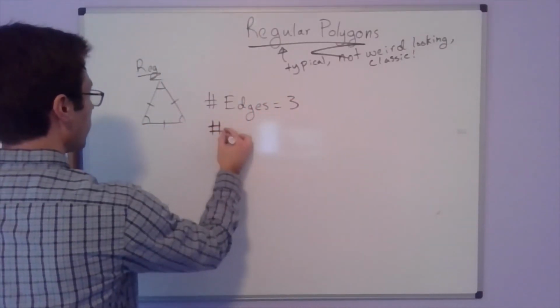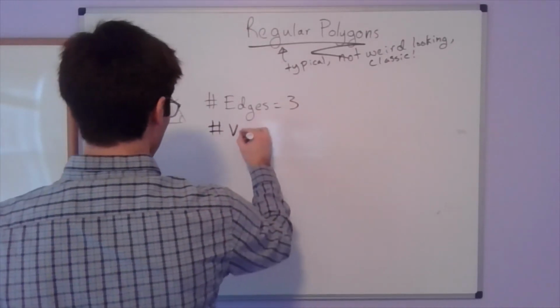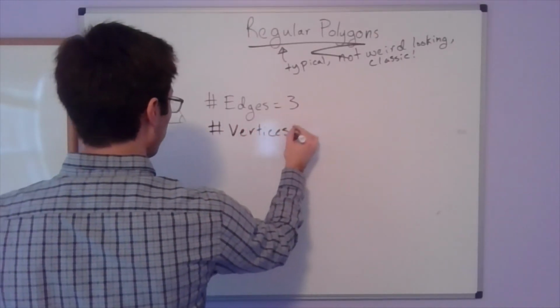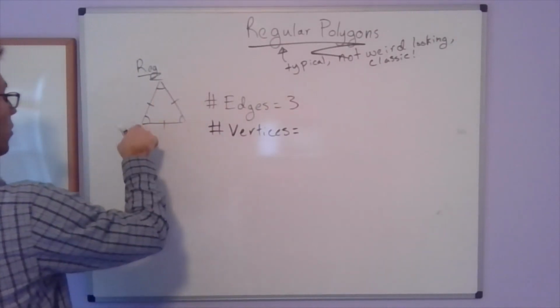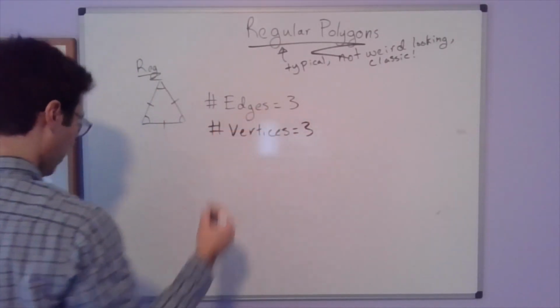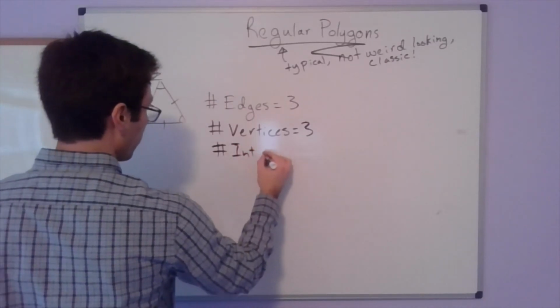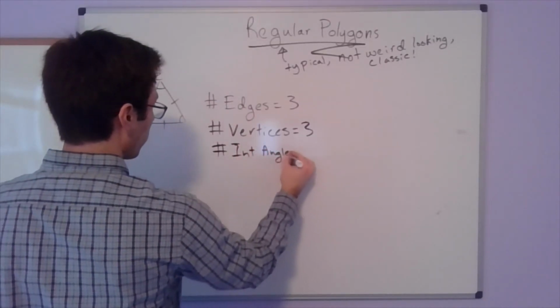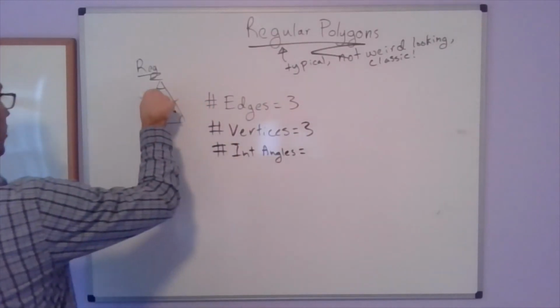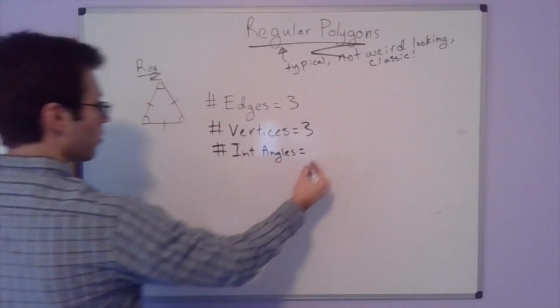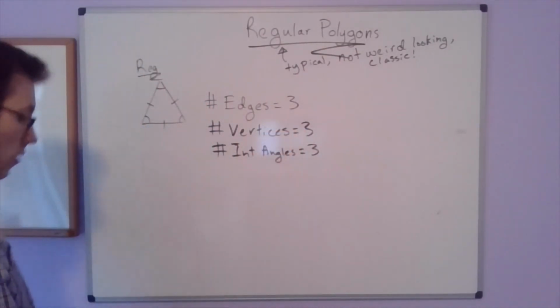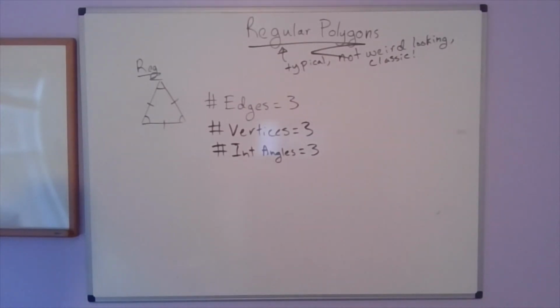Number of vertices: how many points do we have here? We have 1, 2, 3, so there are 3. Number of interior angles: clearly, it's equal to the number of vertices. You count 1, 2, 3 angles. All right, so those are those answers right there.